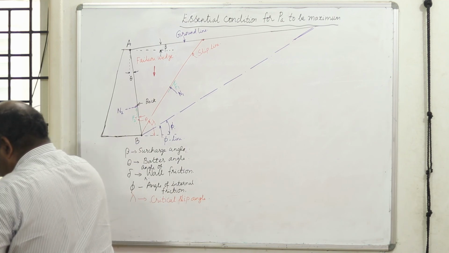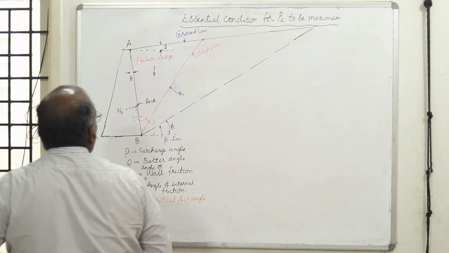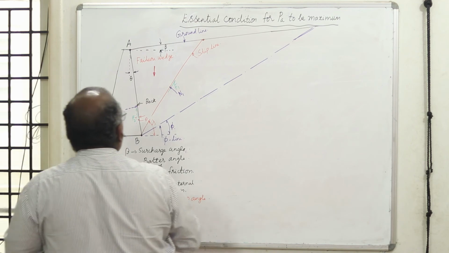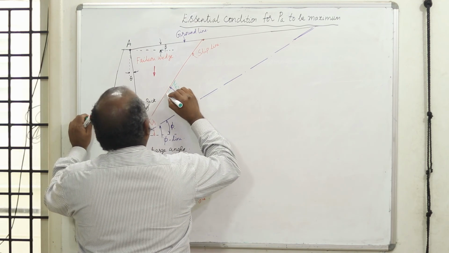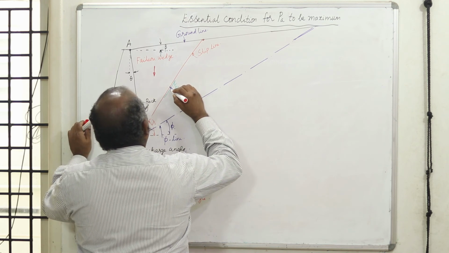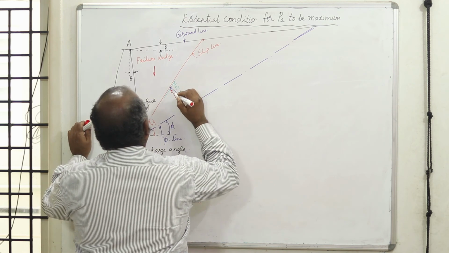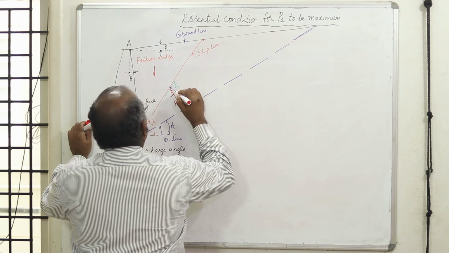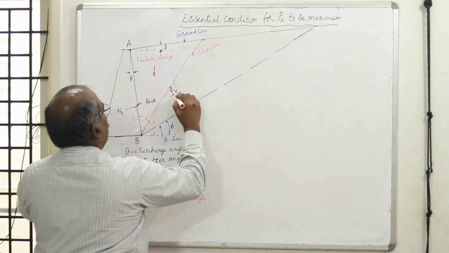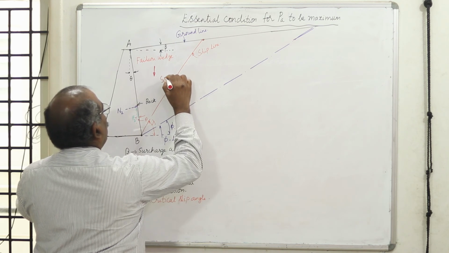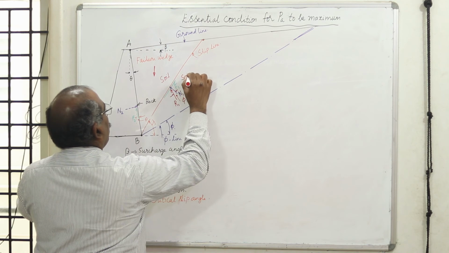Now we'll have a resultant of these two forces. There is a resultant R1. This inclination will be phi, because you have got soil here, here also you have got soil.